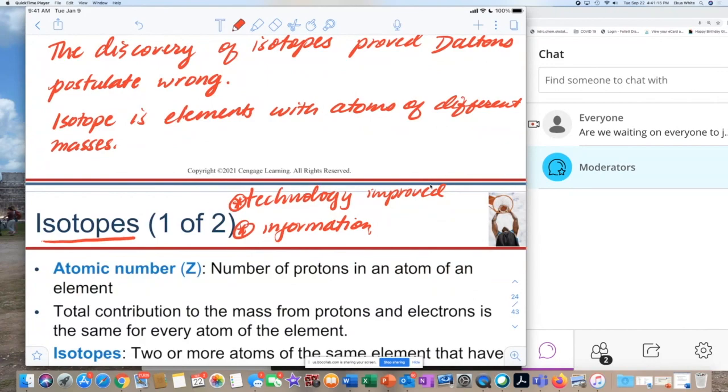Remember back then, Dalton said, if they have different masses, they come from different elements. We're being told here that it's the same atom, right? Let's say we're looking at sodium. They're both sodium, but one is heavier, and then the other atom is lighter. It's not much heavier, but it is significantly heavier for scientists to notice.